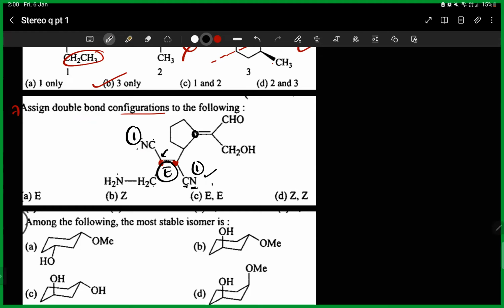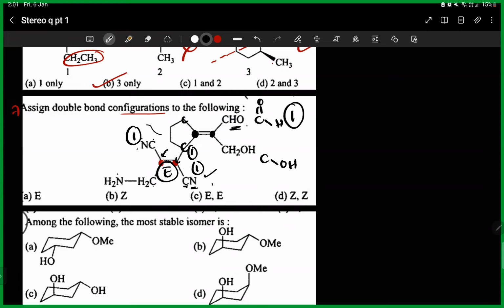Now check for this double bond. So you have an aldehyde, so you will get C double bond O, H, and you have an alcohol, C, O, H. So the double bond gets more priority because of the connectivity. You have to treat them as single bonds. So this will get more priority. Aldehyde will get more priority. Now here, this carbon is connected to a carbon which has a double bond. So this will get more priority.